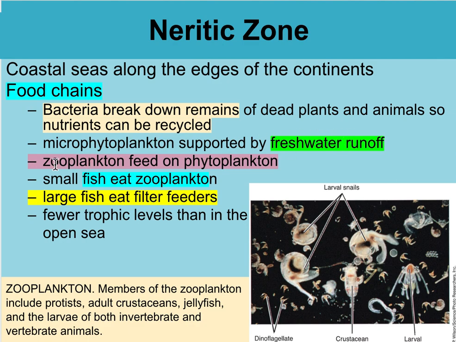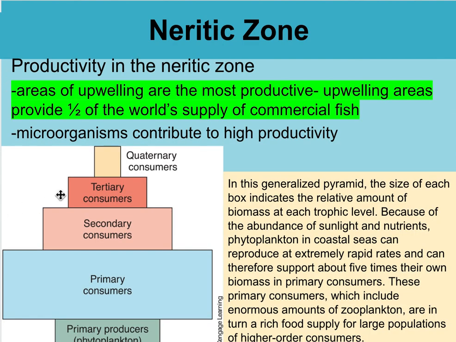And what eats those tiny plant plankton is the zooplankton. The animal plankton will feed on them, and then larger fish will eat them, and even larger fish. You can see that this is a pretty basic food chain because we don't really go out that deep in the Neritic zone. So really large animals tend to not live there.